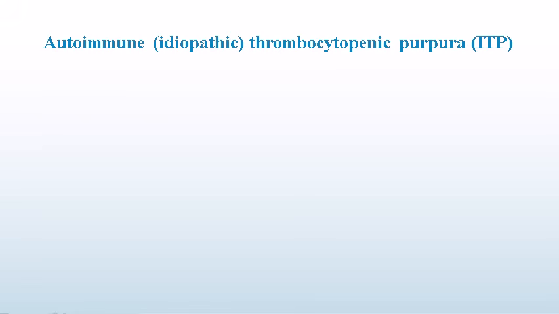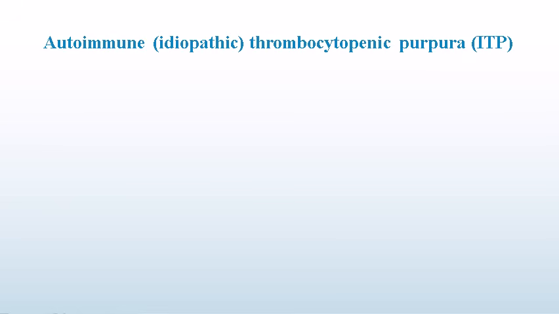Thrombocytopenic means the patient will have a reduced platelet count, that is to say, thrombocytopenia. Because of the low platelet count, the patient will have bleeding tendency, so we'll have primary hemostatic defects, and there will be skin purpura, that is red discoloration in the skin.